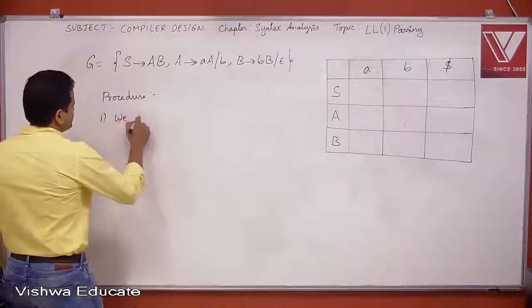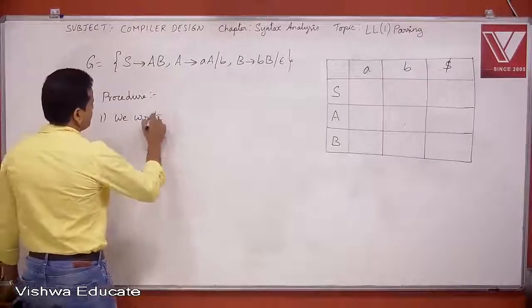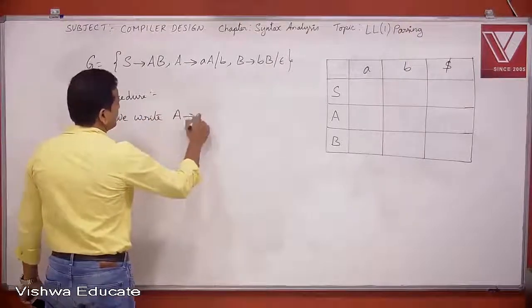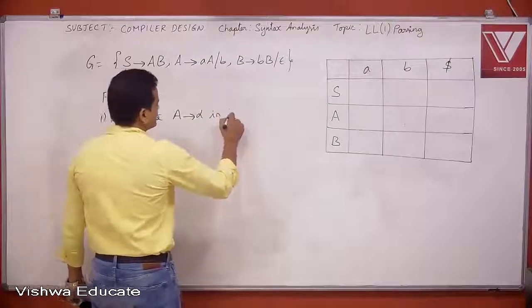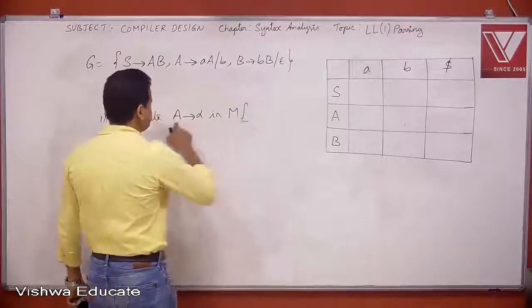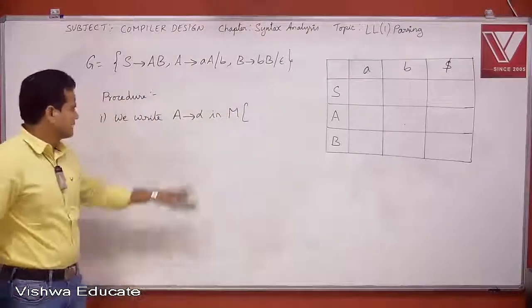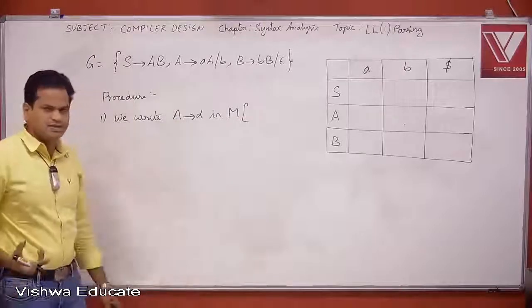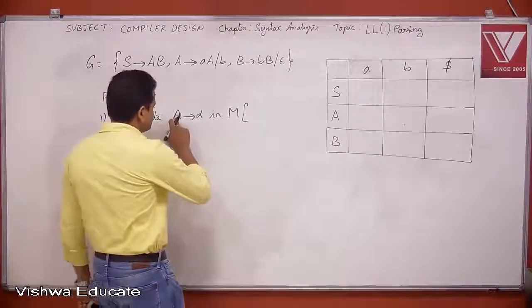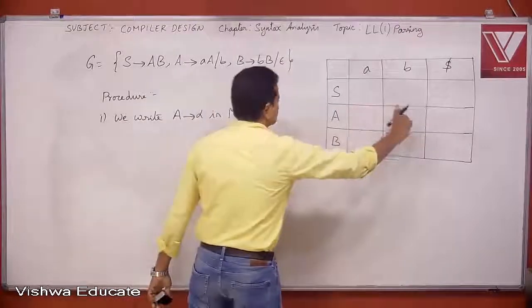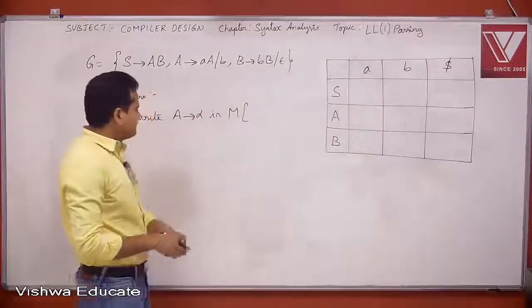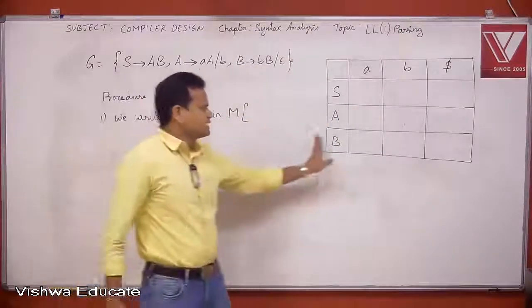We write A derives alpha in the box of A's production. The left side of the arrow is the non-terminal A, so we write this production in the A row. If it is B derives alpha, we write it in the B row.